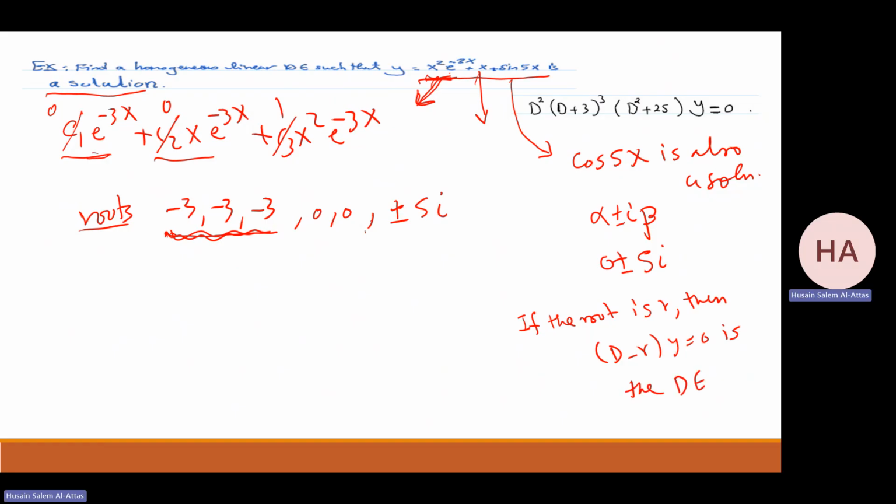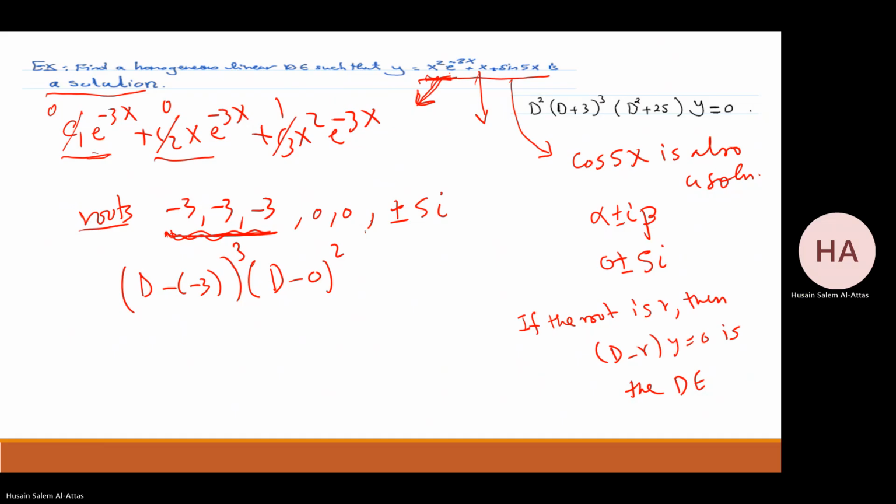It's a differential equation. If I have r repeated 3 times, then it will be D minus r cubed, since it's repeated 3 times. This is D minus 0 squared.